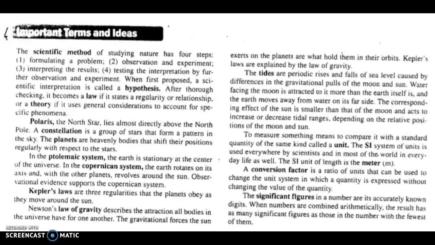The next boldface word is Polaris, and it is the North Star. It's truly called the North Star, and it lies almost directly above the North Pole, the North geographical pole.